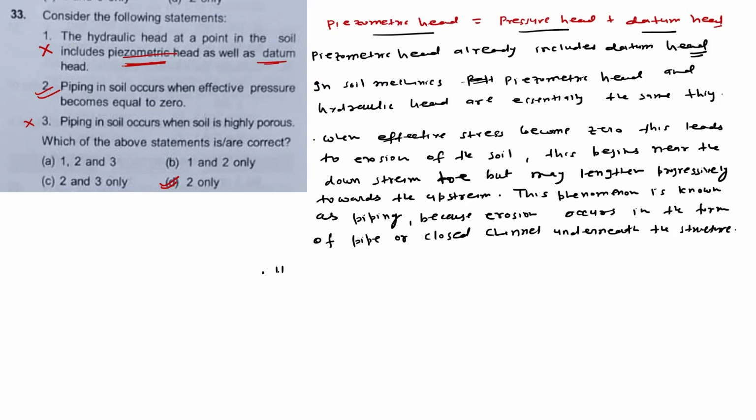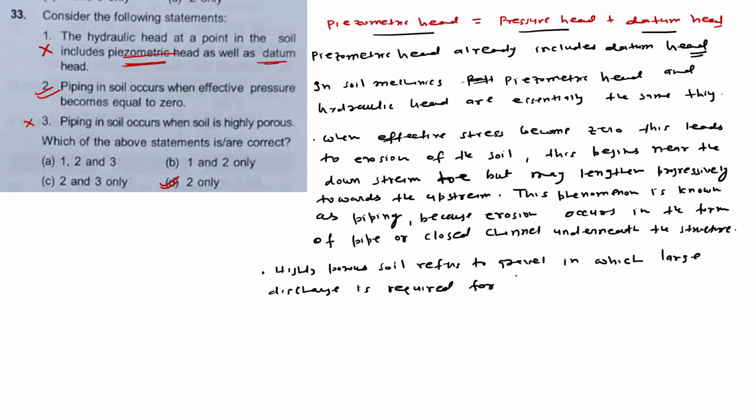Highly porous soil refers to gravel, in which a large discharge is required for piping.